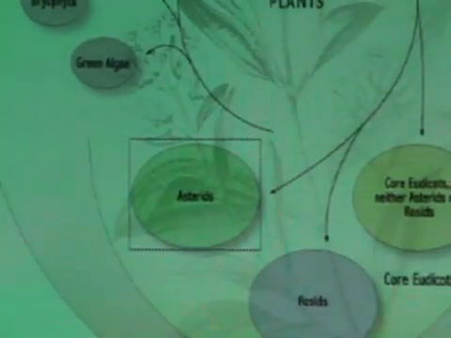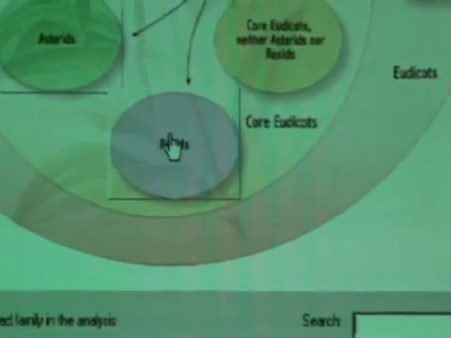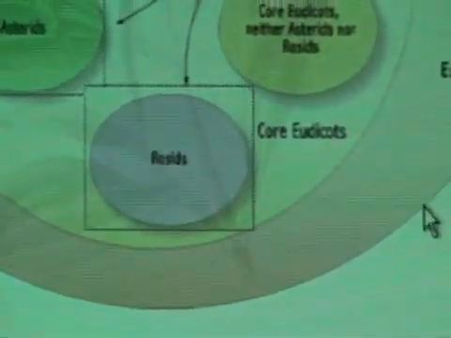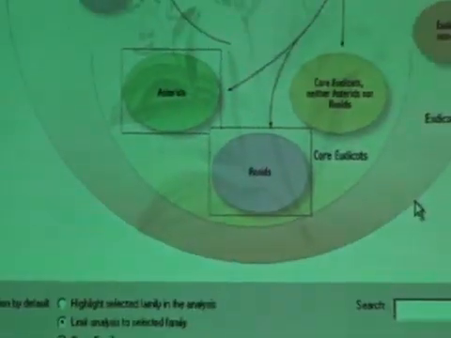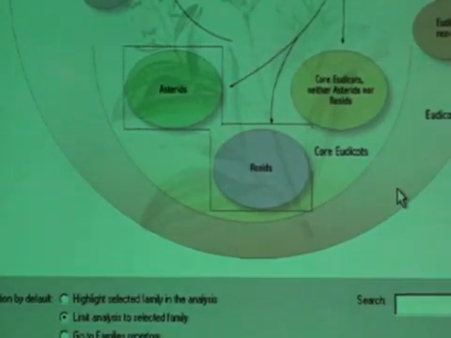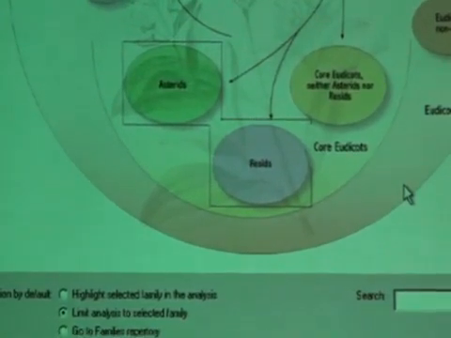I hold the Control key down on my keyboard, and while I'm holding down the Control key, I bring my mouse over to the rosids, and I click, and I have now also selected the rosids. I have now selected both the asterisks and the rosids. I'm now in a position to limit or highlight my analysis to both of these particular groupings.